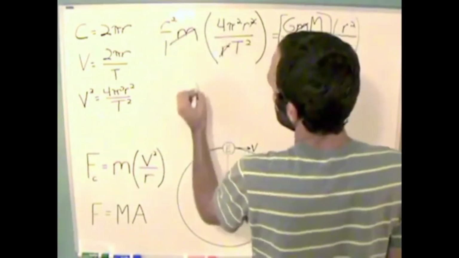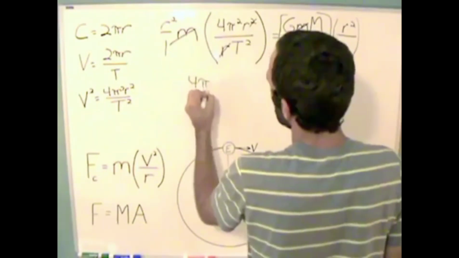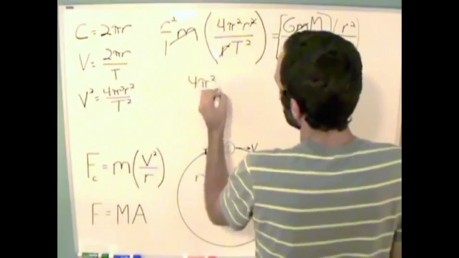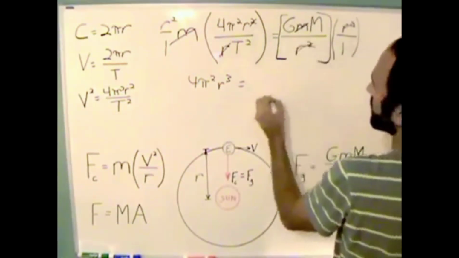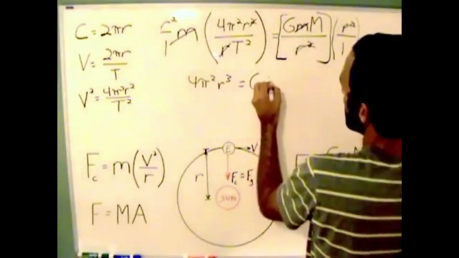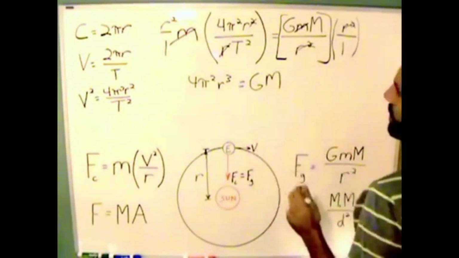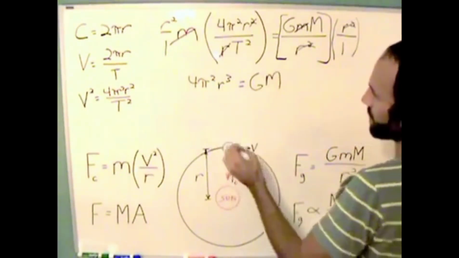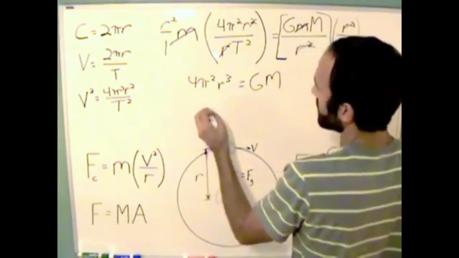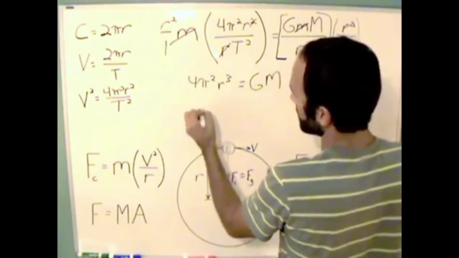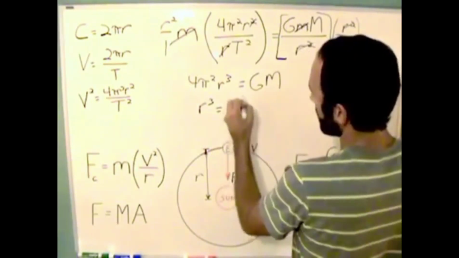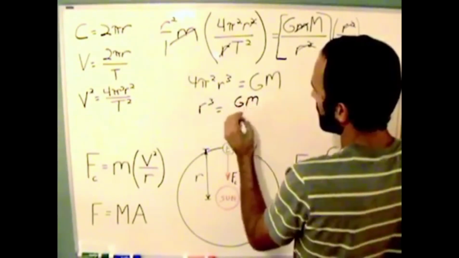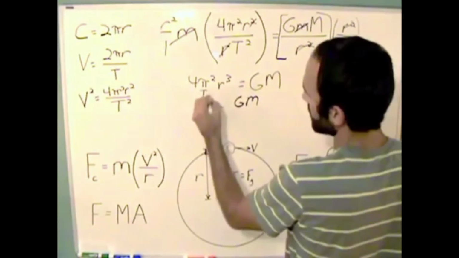And that gives us 4 pi squared r cubed equals, cancels on this side, G times big M. And then we want to get r by itself over here, so we just divide by 4 pi squared. I'm not going to actually show the steps, but we'll just say r cubed equals GM, nope, I missed the T squared.